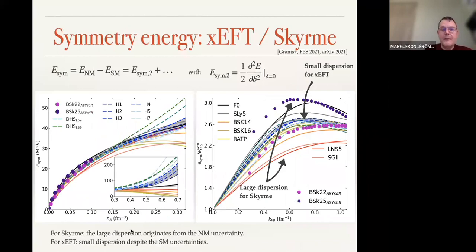Okay, so let's continue now. The symmetry energy is the difference between the energy in neutron matter and the energy in symmetric matter. It can also be obtained as an expansion in the asymmetry parameter, where the first term is obtained as a second derivative of the energy with respect to the asymmetry parameter delta.